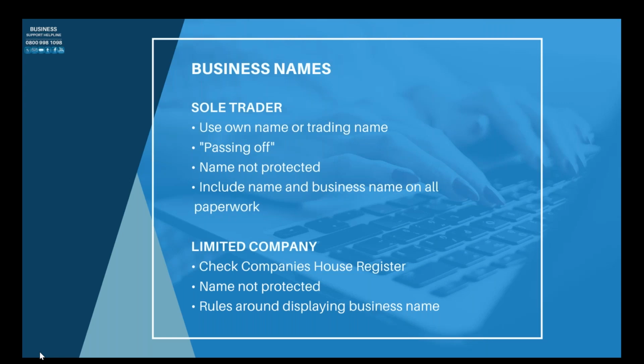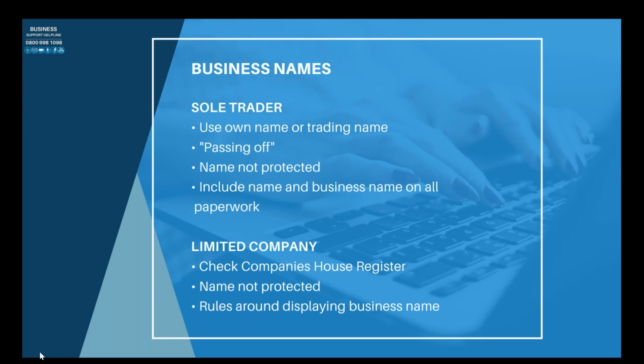You can trade using a different name to the one you registered under, and this would be known as your business name. In both instances, the name must not be the same as an existing trademark or too similar to another business within the same industry or geographical area, as you could be seen to be passing off yourself as another business.